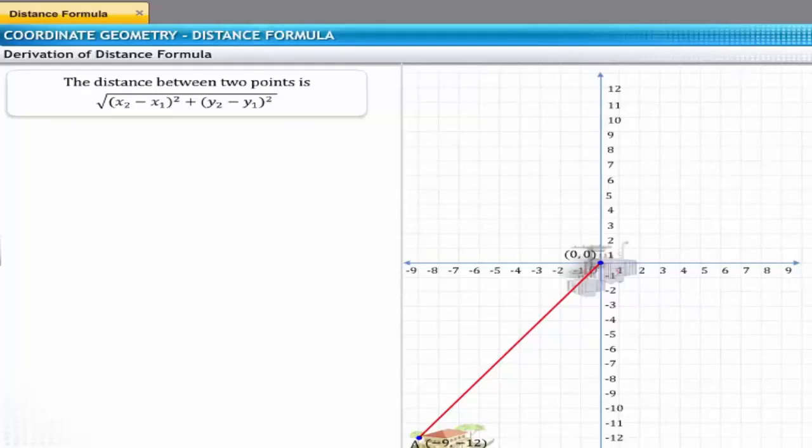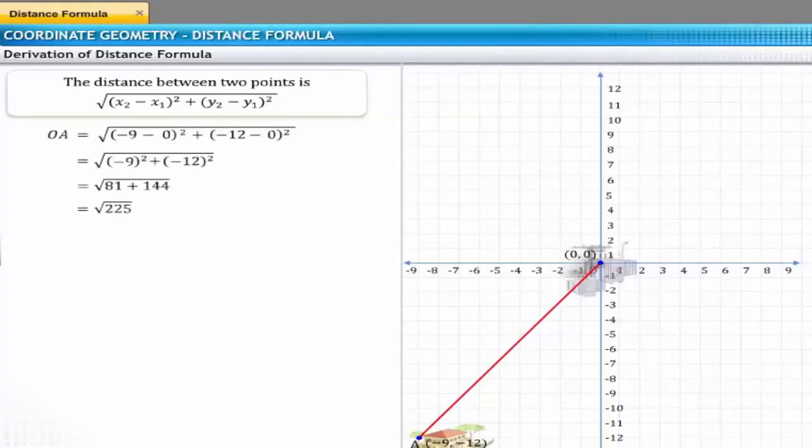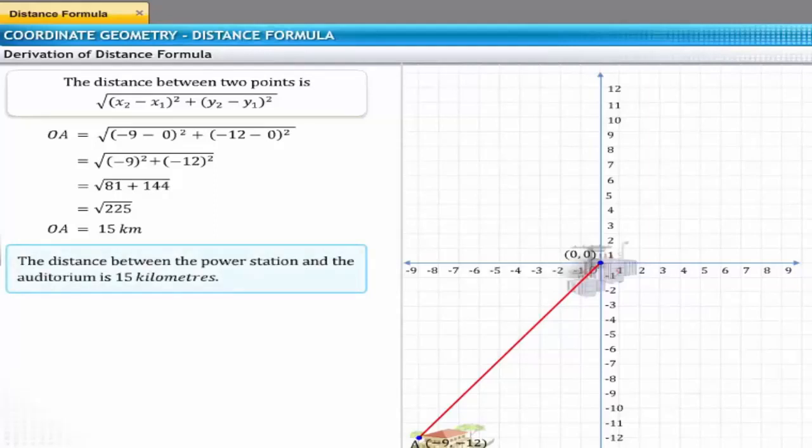When you substitute x1, y1 equals 0, 0 and x2, y2 equals -9, -12 in the formula and simplify, you get the distance of OA as 15 kilometers. Thus, the distance between the power station and the auditorium is 15 kilometers.